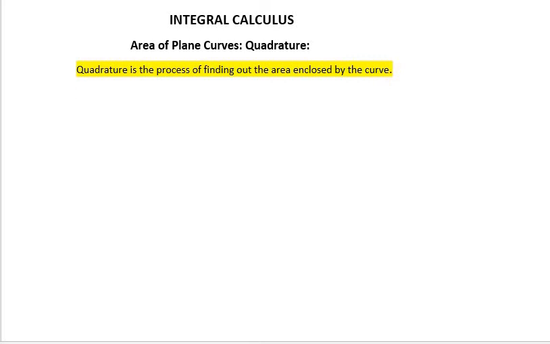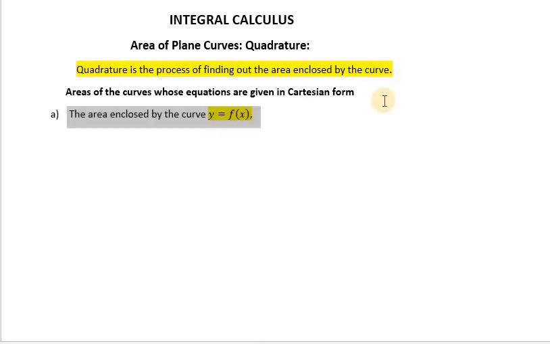Usually the area will be found by using graphs, but without using graphs also we can find the area by the process called quadrature. So here we take the curve and integrate it with respect to the ordinates and find out the area. Area of the curves whose equations are in Cartesian form.